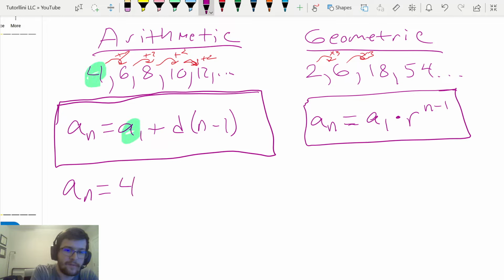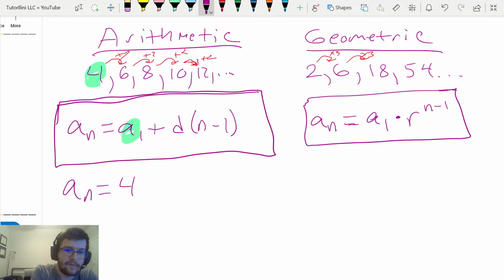Over here, very similar, a sub 1 is the first term. So here a sub 1 is 2, and we would write a sub n equals 2. And then the common ratio is one of the terms divided by the preceding term. So for example, 54 divided by 18 gives me 3. Conceptually, it's the number you're multiplying by, which is 3.